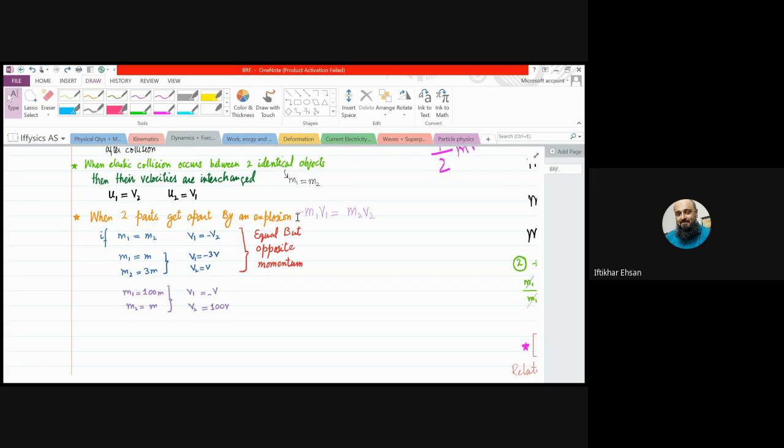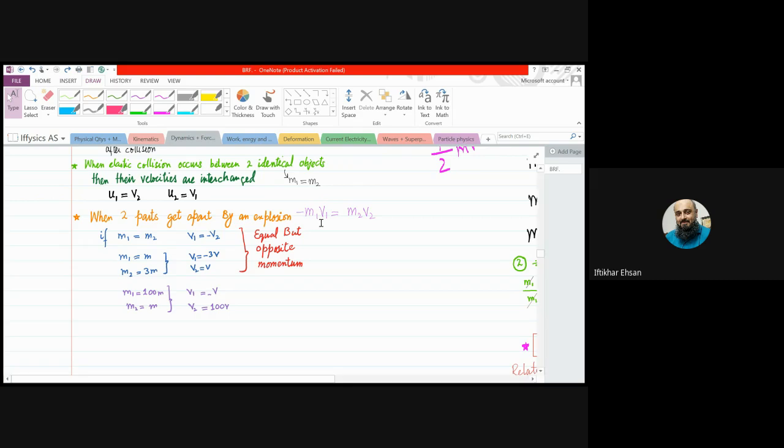So before exploding, the initial momentum was zero. Before there was an explosion, there was nothing happening. The object was at rest. So the initial momentum was zero, and the final momentum should also be zero, right? How can that final momentum be zero?